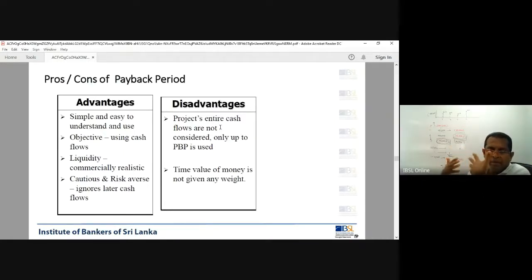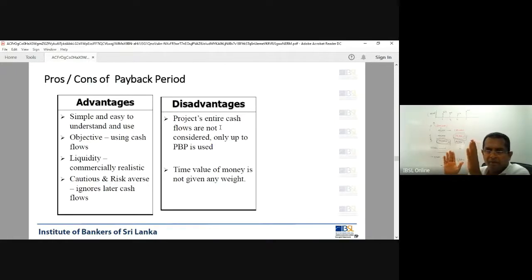We are not using depreciation here. Depreciation is a subjective matter. It is only a provision. This is the true cash flows, right? Liquidity, commercially realistic. Yes, commercially we use how long it takes. But we are very risk averse in this case.